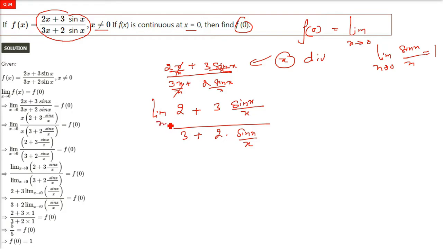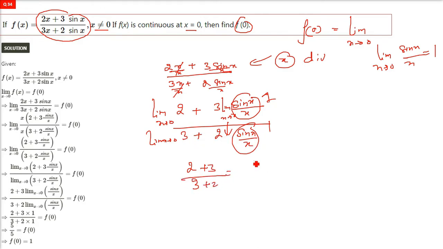This sin x by x is going to be 1. What do we get? 2 plus 3 into 1, 5. Here 3 plus 2 into 1 is 5. So 5 divided by 5, which is going to be 1, and that is equal to your f(0). This is your answer.